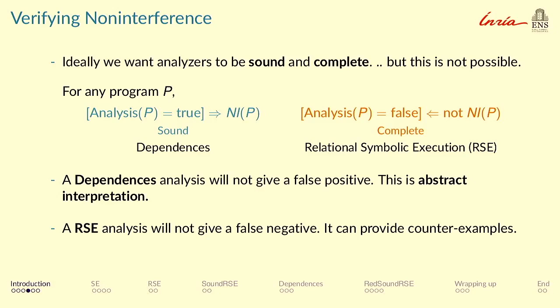And this is not possible. Program verification in general is not possible. Non-interference is also not possible. So basically, the theorem that talks about this states that for non-trivial properties, this is not possible. And definitely, non-interference is not one of those.